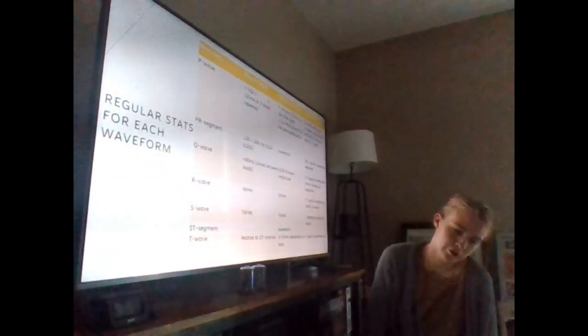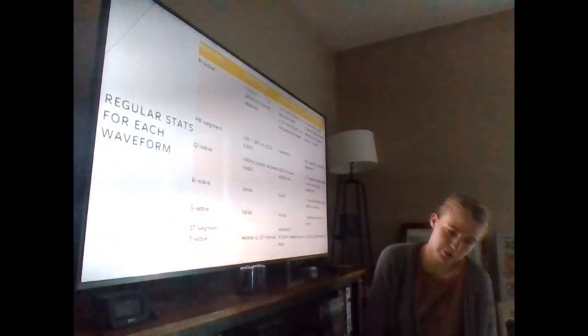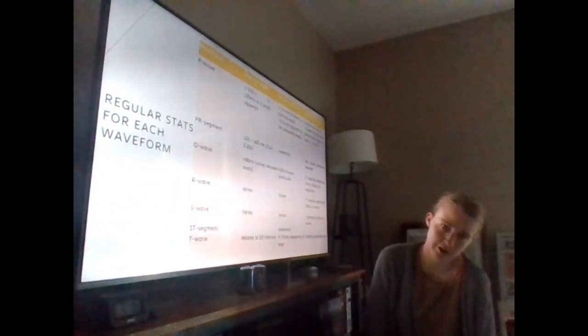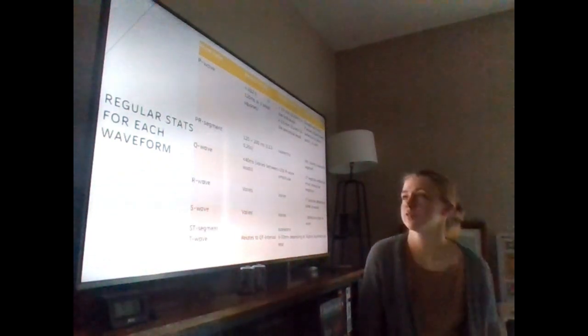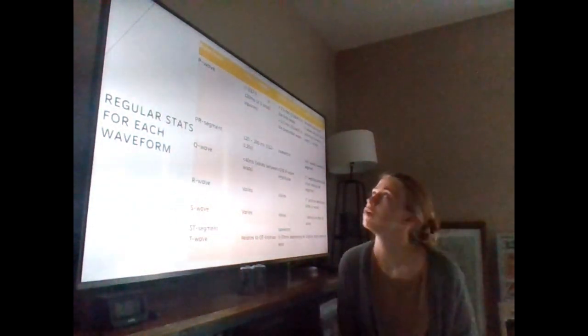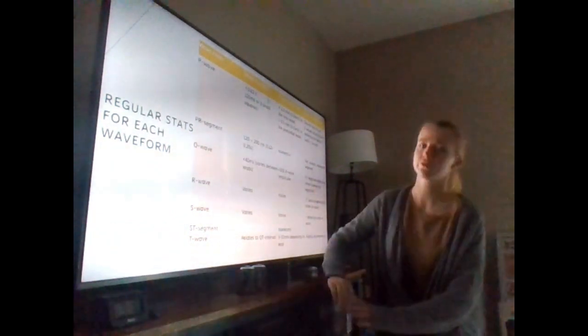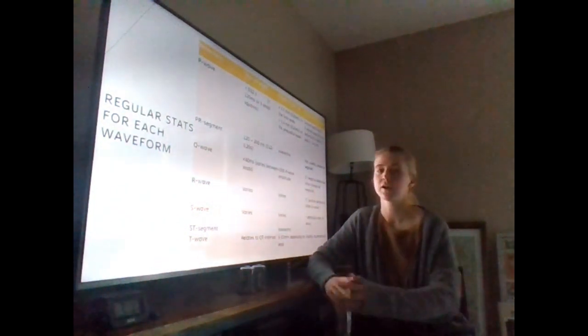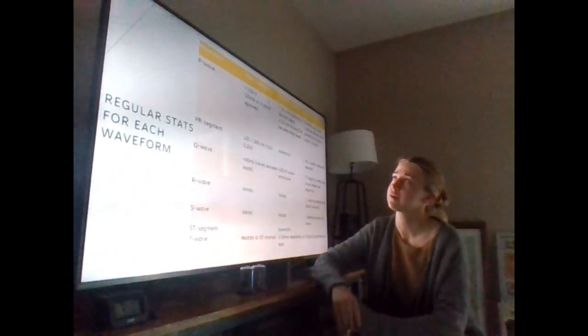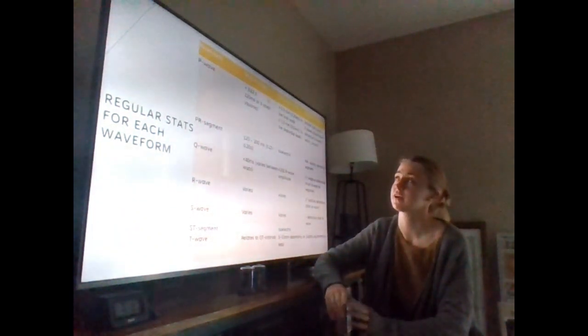Alright, so now we have a chart of what each waveform is supposed to look like on a regular good EKG. So you have your P wave, which in a normal setting should be less than 0.12 seconds.